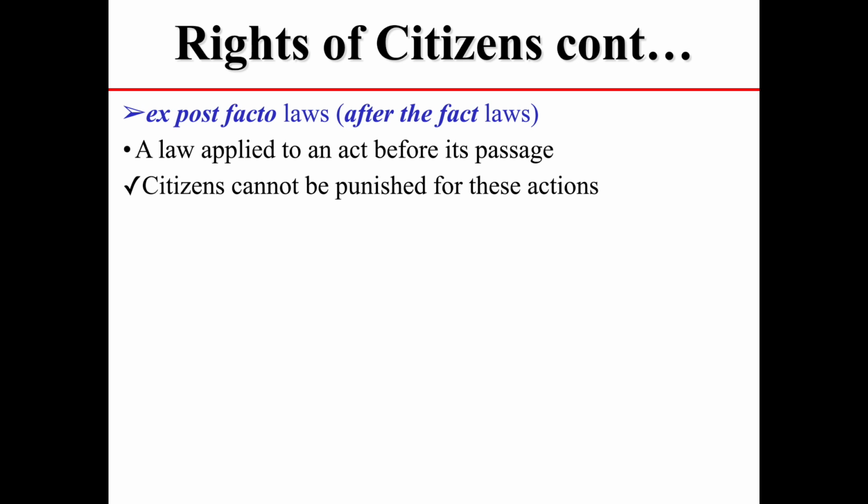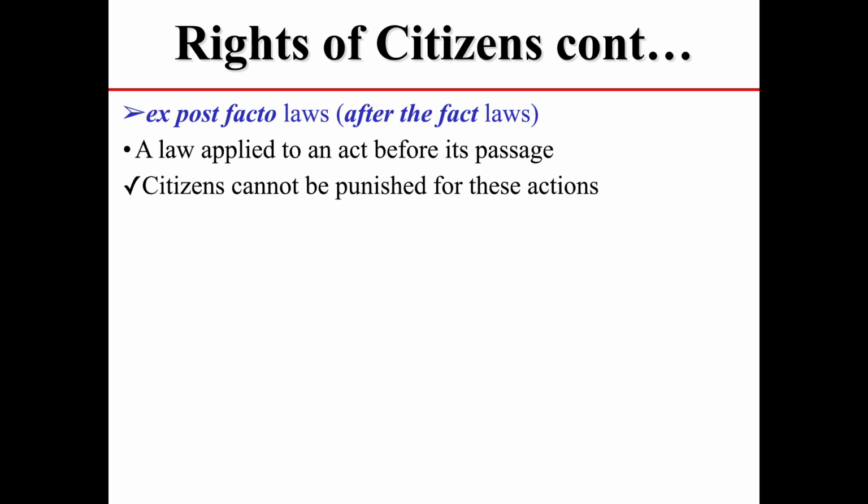And this also goes to not just the type of law, but the type of punishment. They can't alter the punishment and make it worse, and retroactively go back and give you more jail time or make the sentence any worse than it was before that law was passed. So that's an ex post facto law.